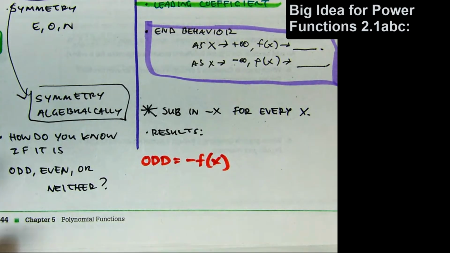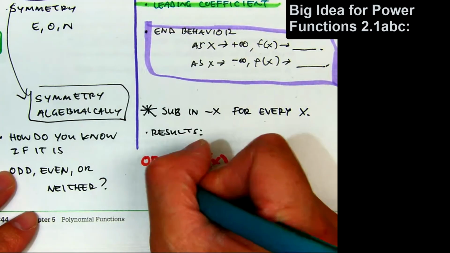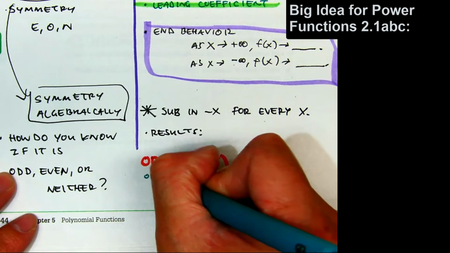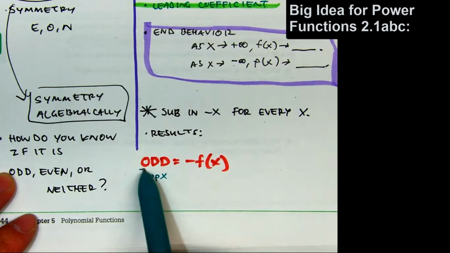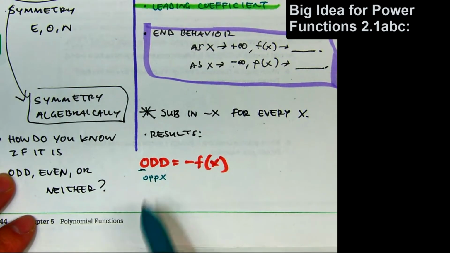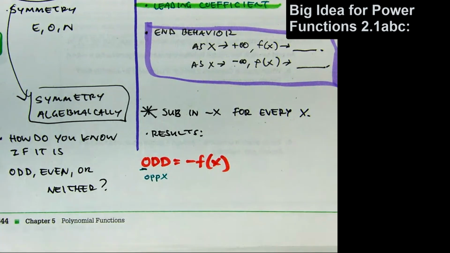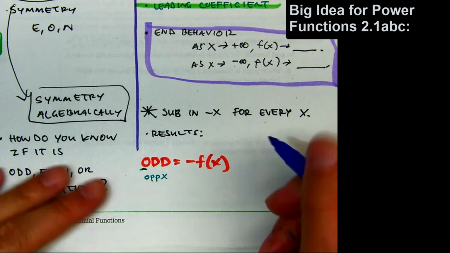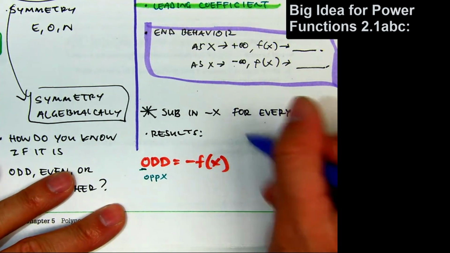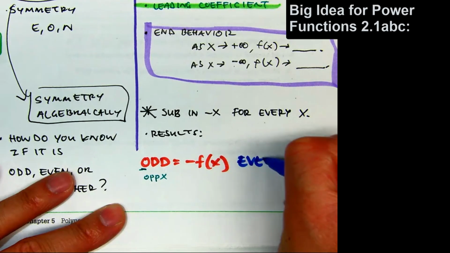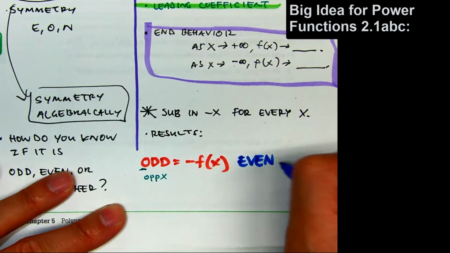And that's why in the previous notes I had something called odd op x. It's an odd function if it's the opposite. So it's just kind of a play on words to help you remind. It'll make sense when we do some examples. It's going to be an even if it's the original function.